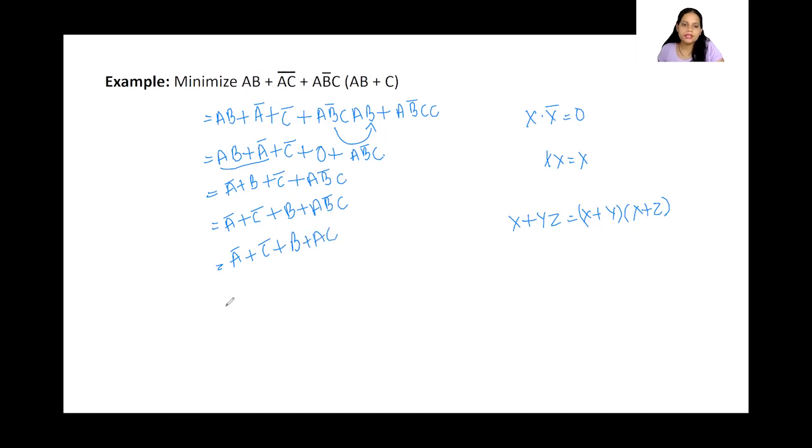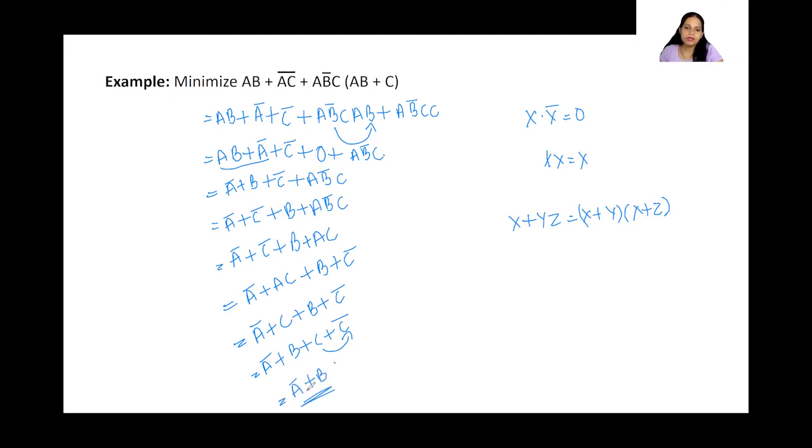Okay, now let's simplify this further. We have, let me bring the AC over here, plus B plus C bar. Okay, now AC will be A bar plus C. Okay, plus B plus C bar. Now C plus C bar. If I bring this together, A bar plus B plus C bar, this will be C plus C bar, which is always 1.